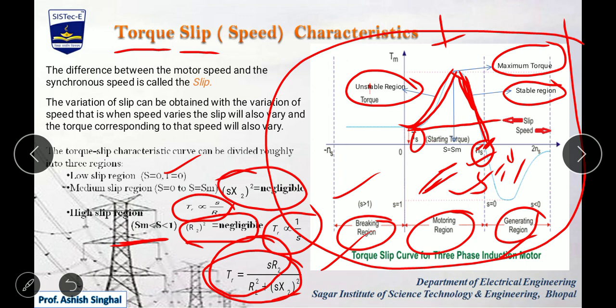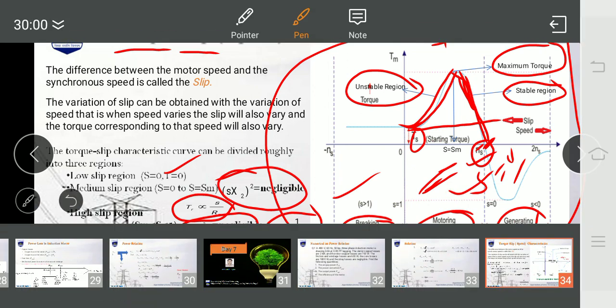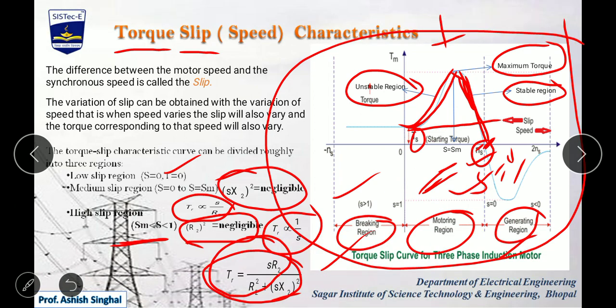In this region, the slip will be 0, and the torque produced by the motor is 0. Hence the induced voltage in the rotor is 0, and the condition will be N equal to Ns. The torque increases as slip increases, while the air gap flux remains constant. Point to be noted: when the torque increases, slip will increase, while the air gap flux will remain constant.